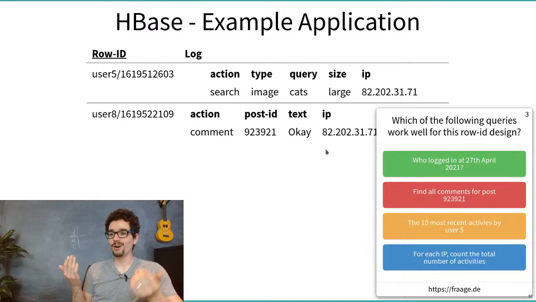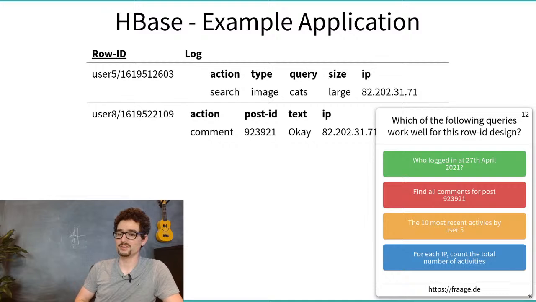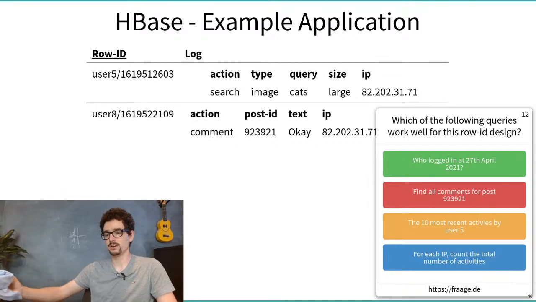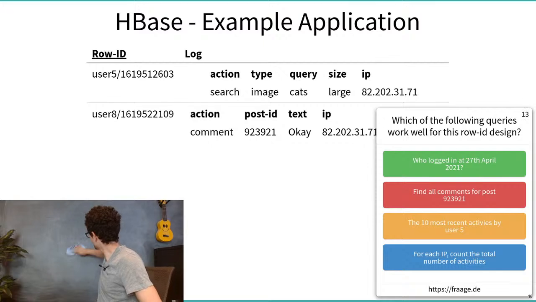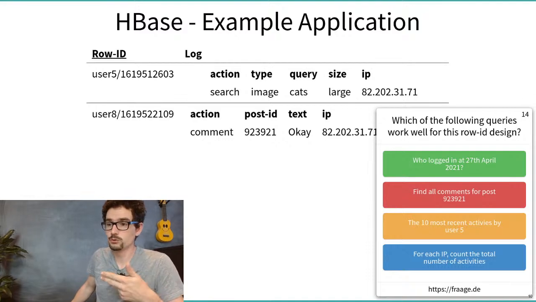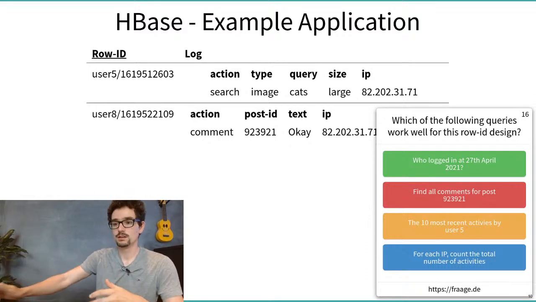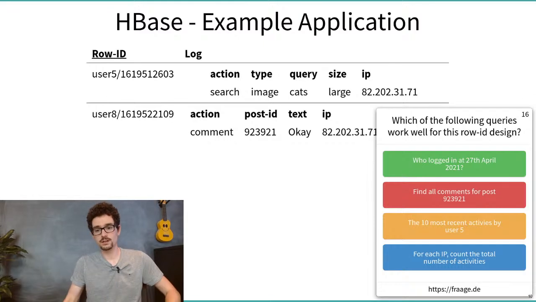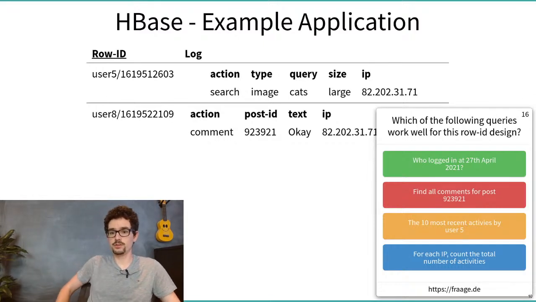So basically all questions can be answered, but some are very expensive, some are very cheap, some are expensive but would be cheap if we would choose another row ID design. But for this row ID design, user ID slash timestamp, which kind of query is cheap? And remember, HBase uses range partitioning.